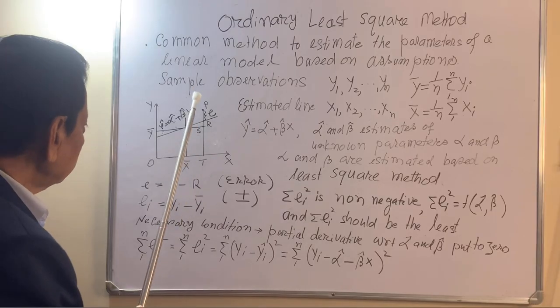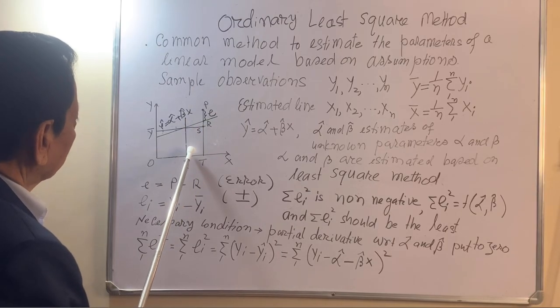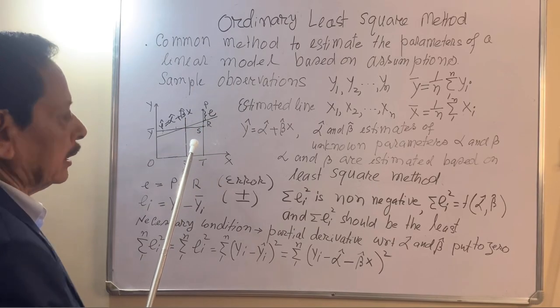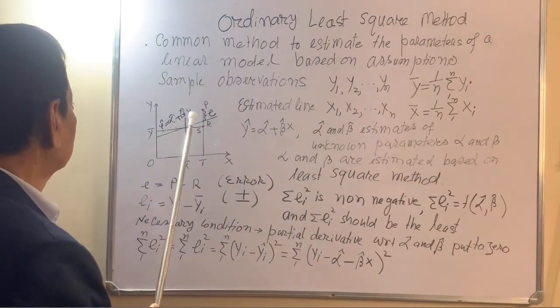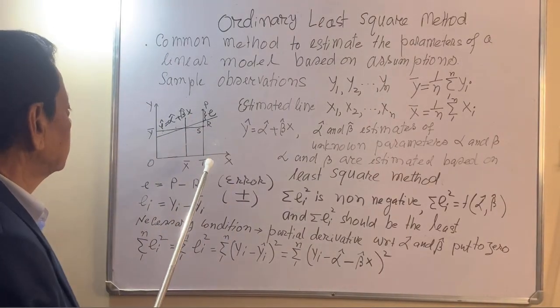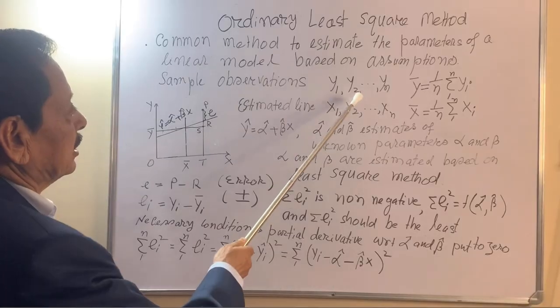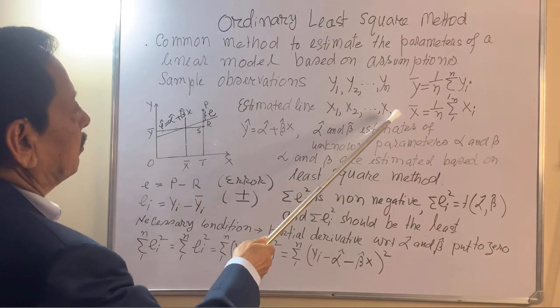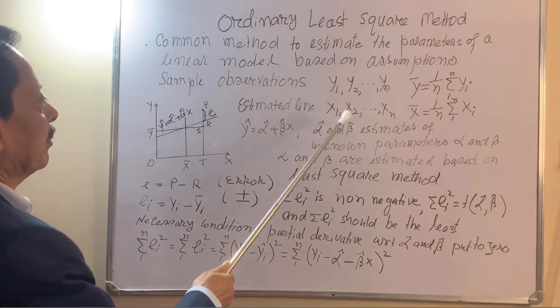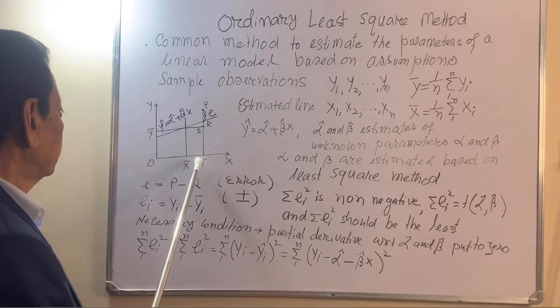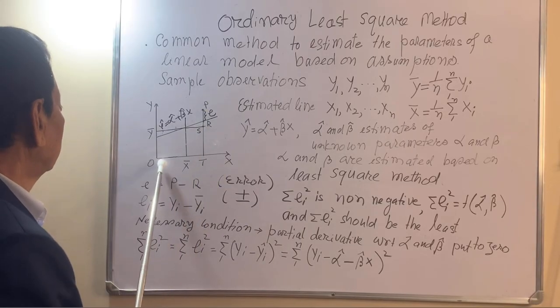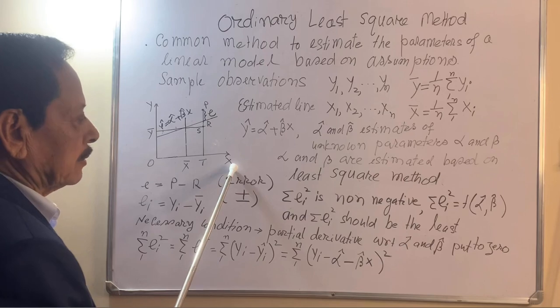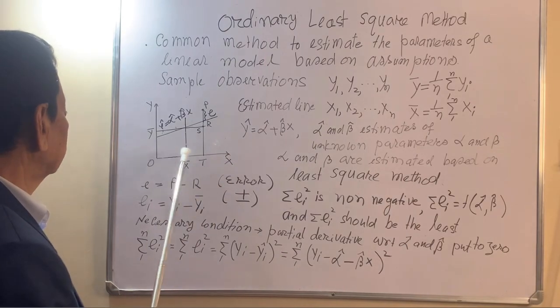Now, there will be other points of x and y, that is n number of pairs. Suppose one pair is this. Suppose x input has been increased to OT.